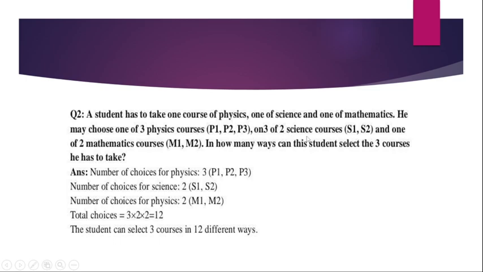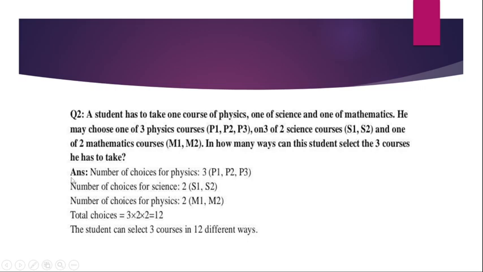One of 2 science courses. S represents the subject of science, S1, S2. And one of 2 mathematics courses. Similarly, M represents the subject of maths, M1 and M2. In how many ways can the student select the 3 courses he has to take?